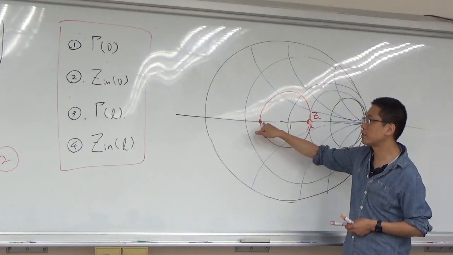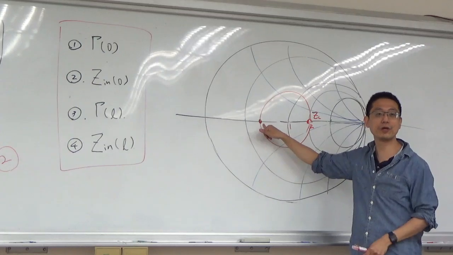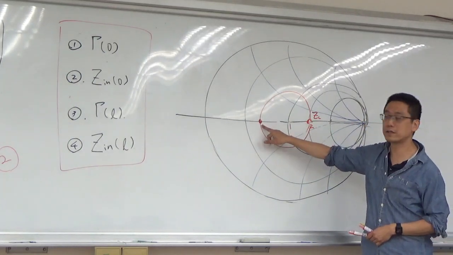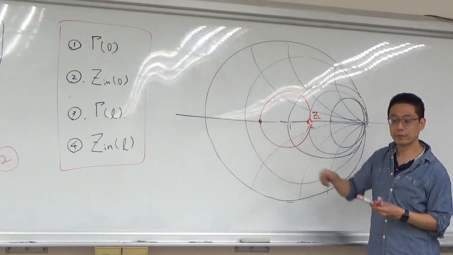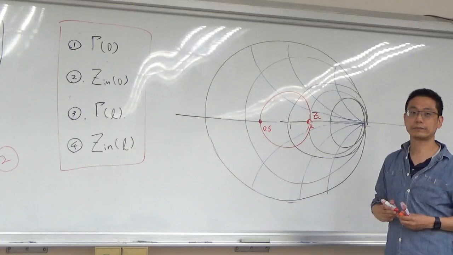So, what is this point? Can you find it on your Smith chart even if you don't have a compass? This is 2. What is this number? 0.5. What does that mean?